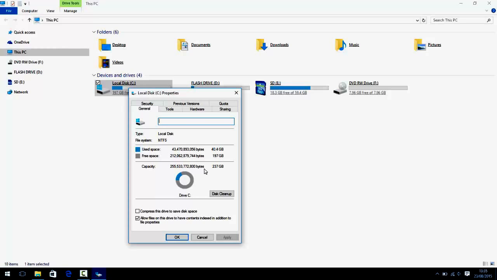But if I look on the left hand side, the computer in the computing world reads in binary digits, which is 0 and 1, for bytes. So when we read at bytes, you can see that I get 255,533 bytes, which is nearest to 255.5 gigabyte.